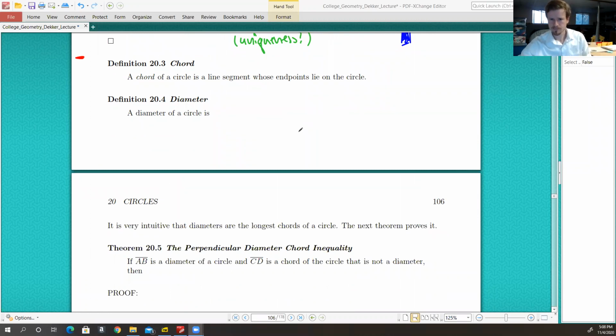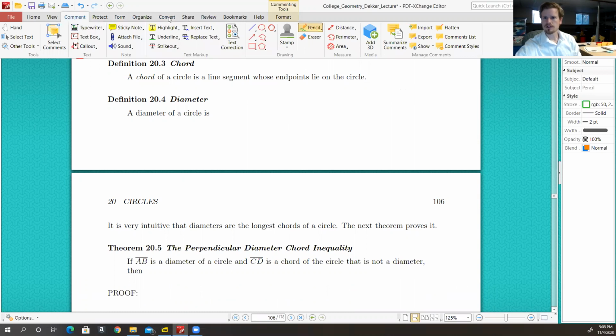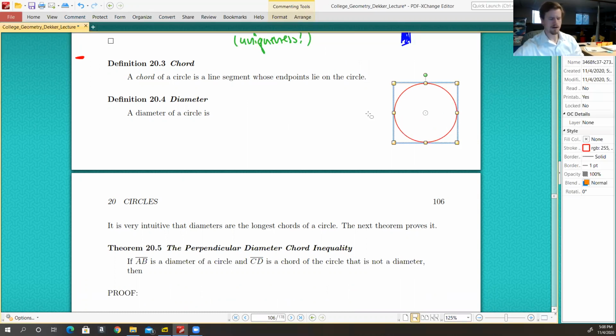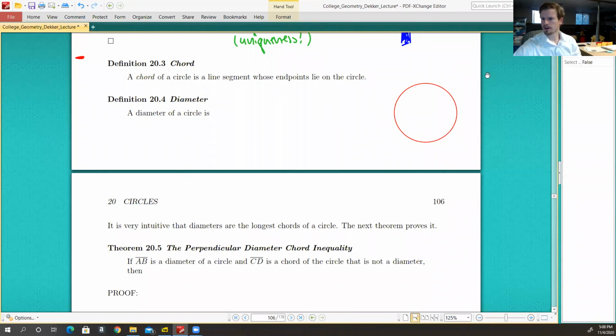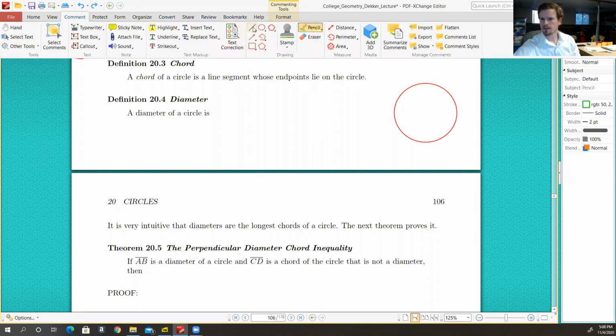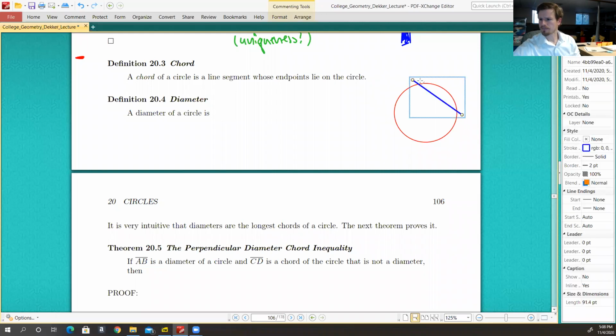So a chord of a circle is a line segment whose endpoints lie on the circle. If I were to consider a circle, all that I'm referring to here is simply a line segment whose endpoints are on the circle.